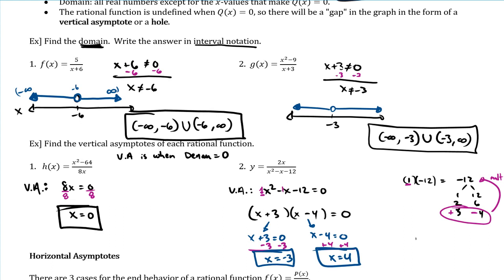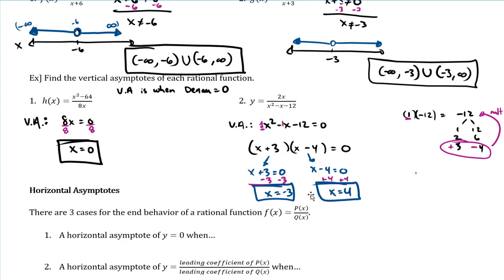So this problem, number 2, has 2 vertical asymptotes. So that's how we can find them. Notice the domain problem of a rational function and a vertical asymptote of a rational function are very similar, setting a denominator either equal to 0 or not equal to 0.